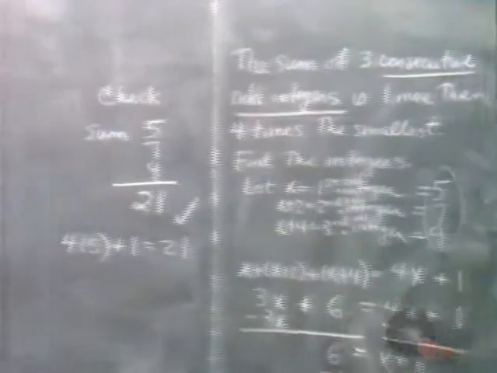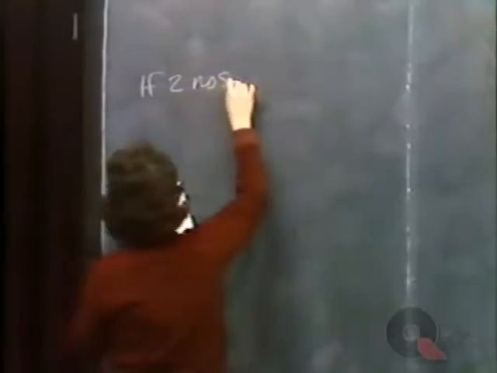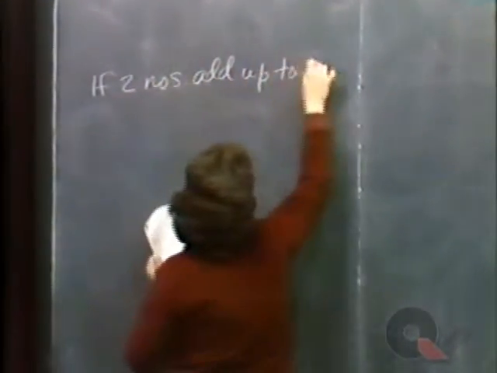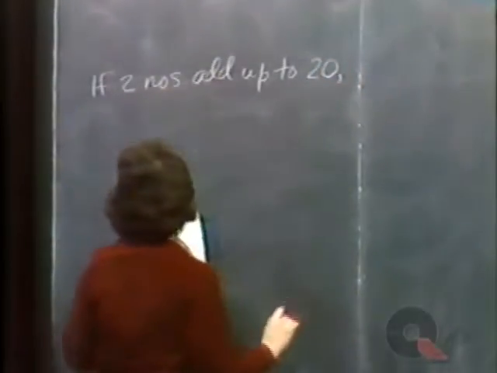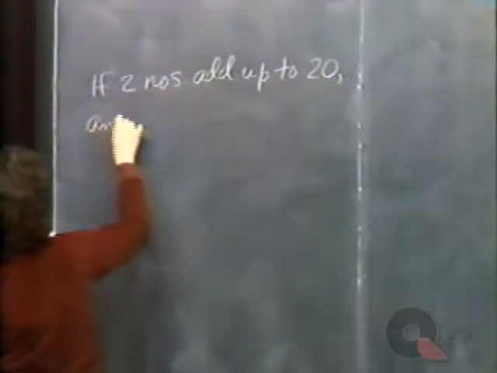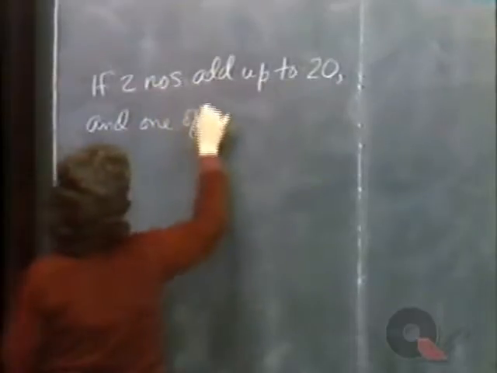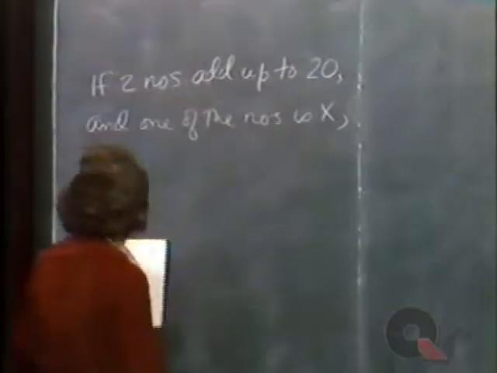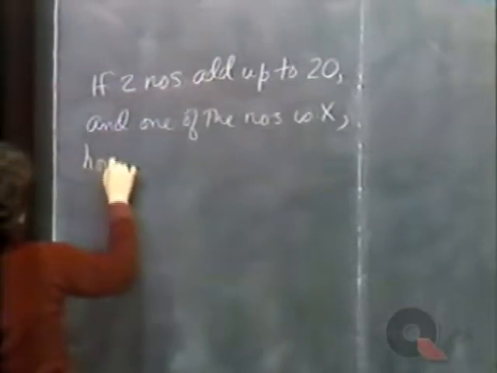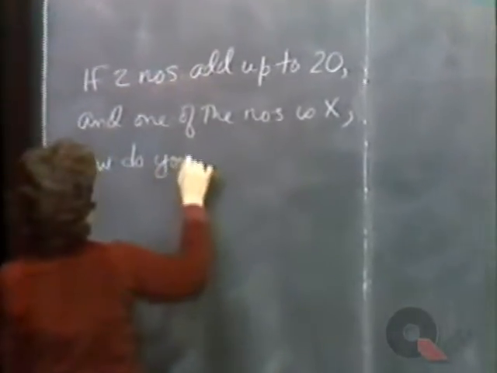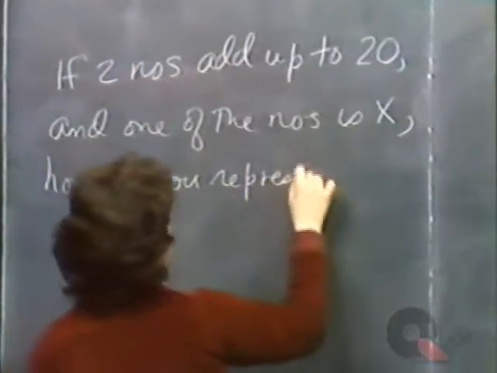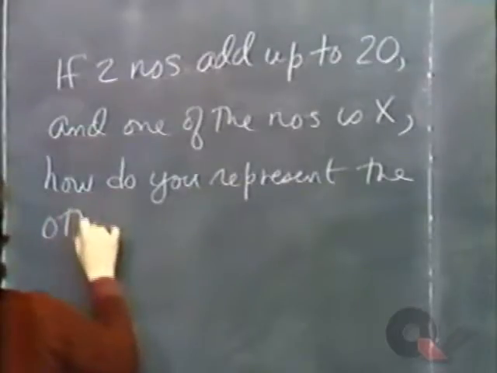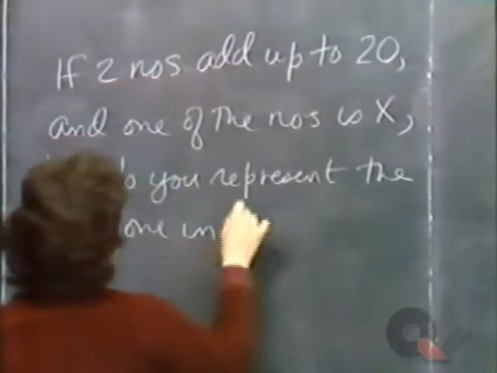Okay, if 2 numbers add up to 20, and one of the numbers is x, how do you represent the other one in terms of x?